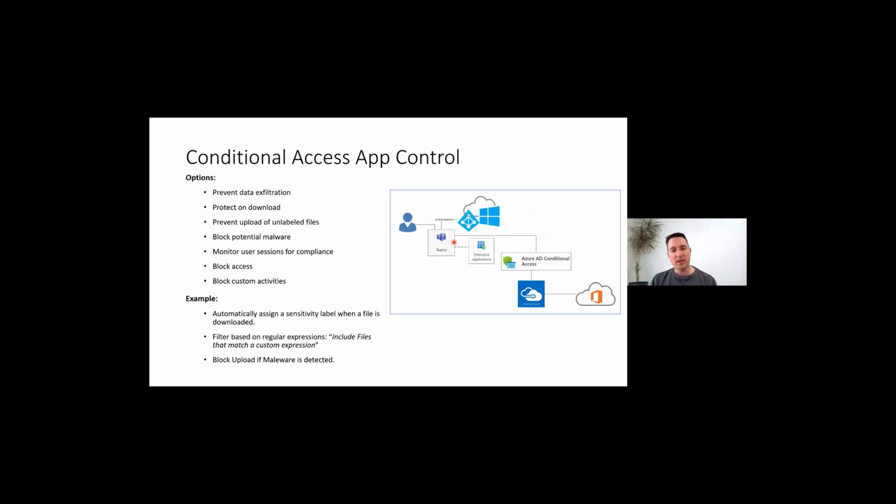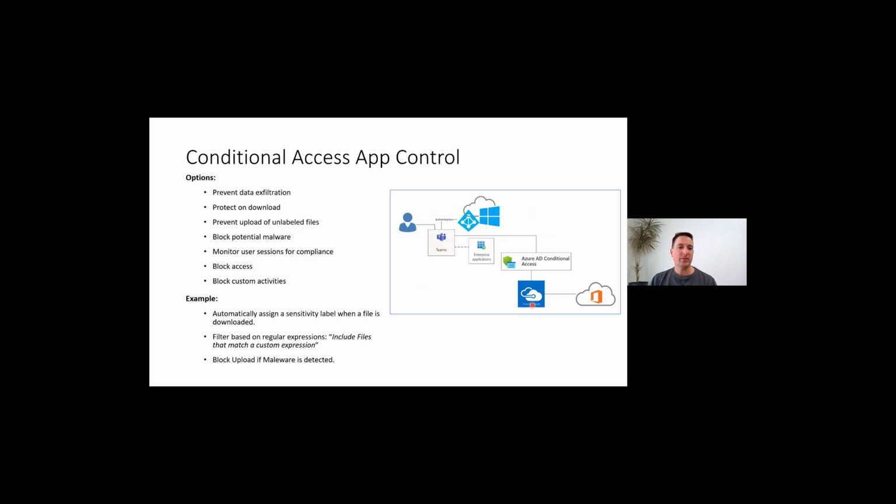And what we're doing now is, a user is trying to access Teams. Azure Active Directory does the authentication, and because we have a conditional access policy which says that if someone is trying to access Teams, the request is redirected using Cloud App Security as a broker.